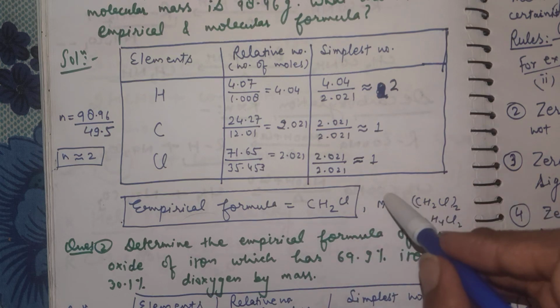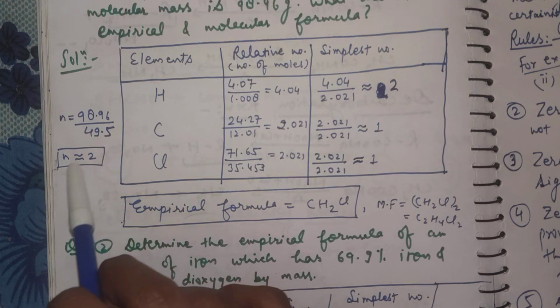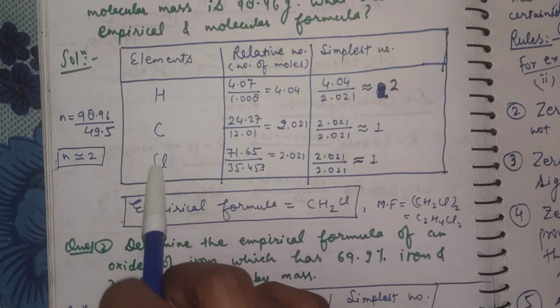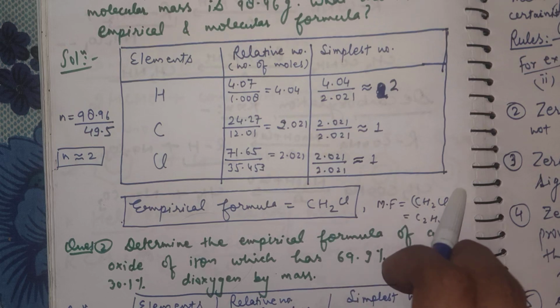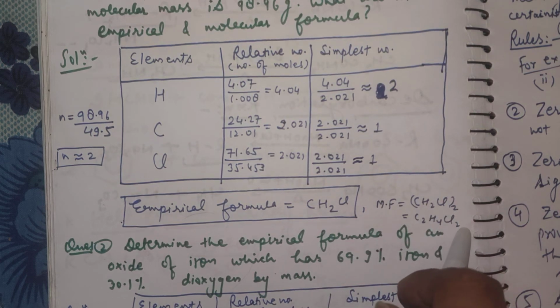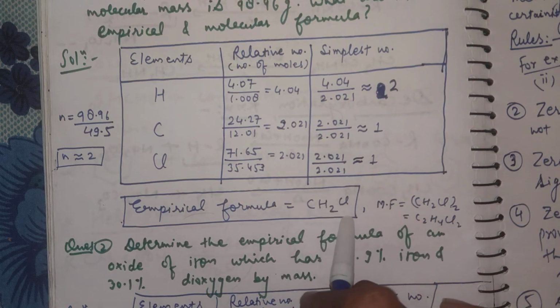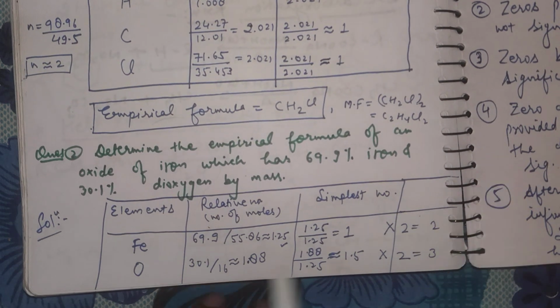For the molecular formula, we first find the value of n, and after getting it we multiply it into each element of the empirical formula, so we get the exact number of atoms of each element. That is how we get the molecular formula. Now the second question is just like this.